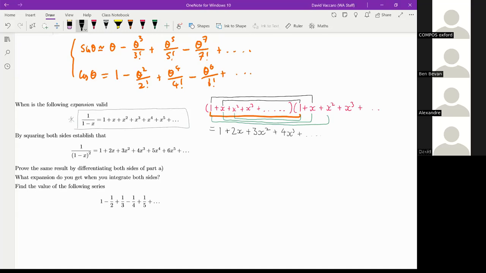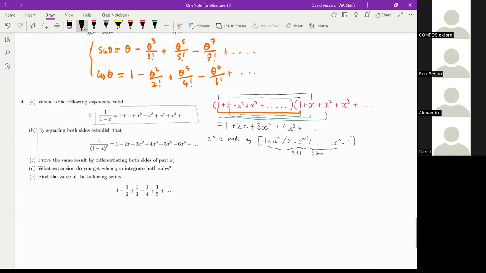Why? Because to make x to the n, we've got a 1 from the first bracket and an x^n in the second bracket, an x in the first bracket and an x to the n minus 1 in the second bracket, all the way up to x to the n in the first bracket and 1 in the second bracket, which is n plus 1 terms.